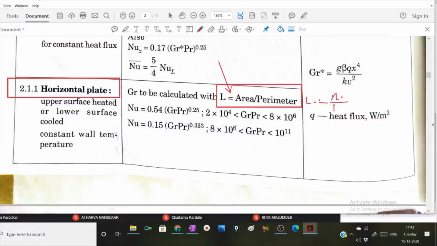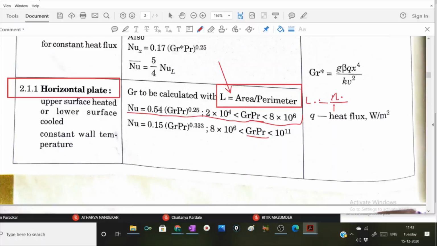Now here two expressions for Nusselt number are given based upon the value of GR and PR. The GRPR value in our case is 2.264 into 10 to the power 6, so it is lying in this range. So this expression will be applicable: Nu is equal to 0.54 into (GRPR) to the power 0.25.